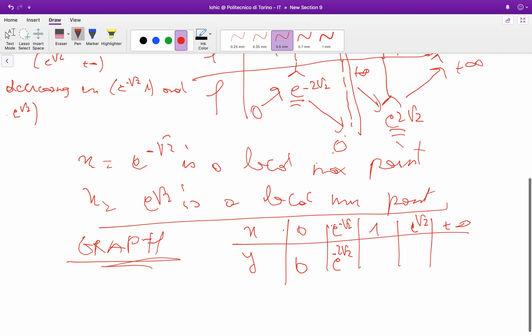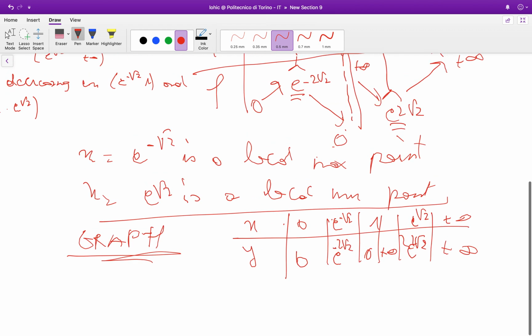For 1 we have 1 minus, which is 0, and 1 plus, which is plus infinity. From exponential of root 2 we have exponential of 2 root 2, and plus infinity, we have plus infinity.